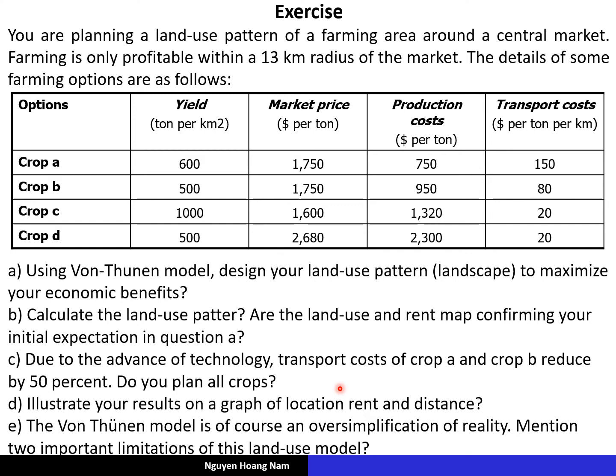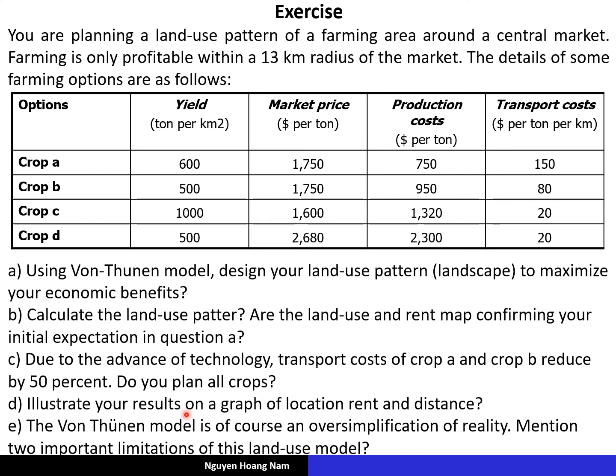And we have to do the same thing as what we have done with part B to find the answer. Do you plant all crops, or do you just plant 3 crops or 2 crops? And in order to answer that, you need to do the calculation again. And then D is illustrate your result on the graph, but actually, as I mentioned, we usually do it beforehand.